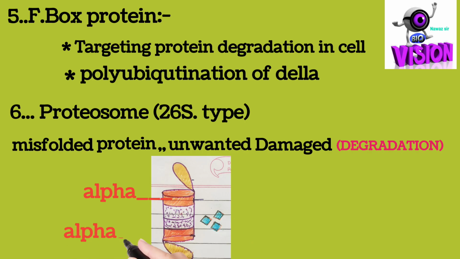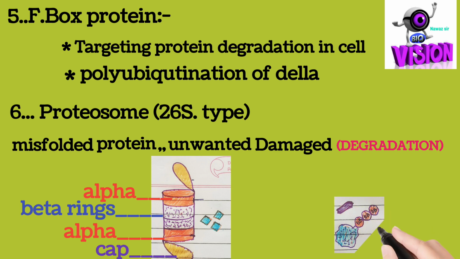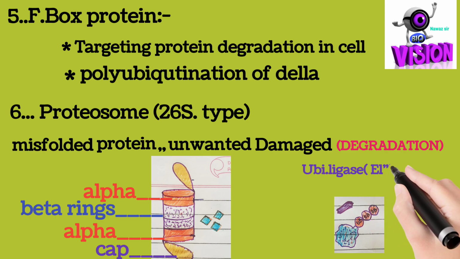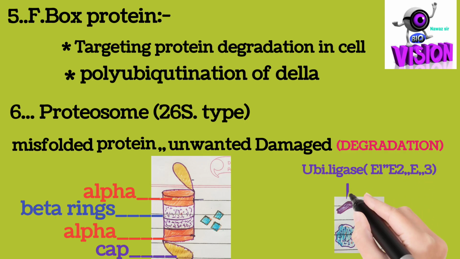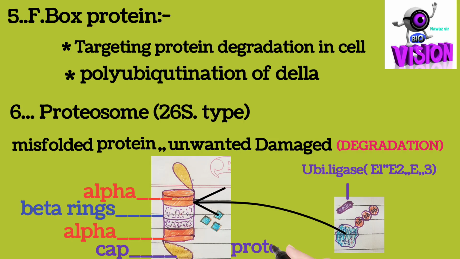The core part has two alpha rings on the outer side and two beta rings on the inner side. When the DELLA protein is tagged by polyubiquitination in the presence of ubiquitin ligase, this DELLA protein enters into the proteasome and it leads to lysis of the DELLA protein. It was all about terminology.